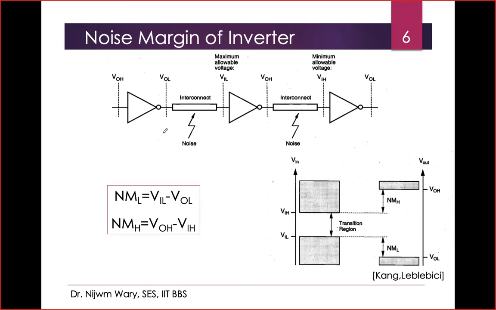Now, if I am connecting multiple inverters, I'll definitely be connecting them through metal lines, right? But there can be some other adjacent signal line running near this metal line, doing some kind of switching activity, going up and down.